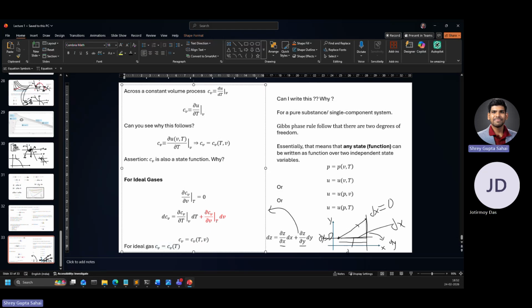Okay. So this is important. This is something that you will have to memorize. Memorize as in you need to know this a priori. At this point of time I don't want to show why.